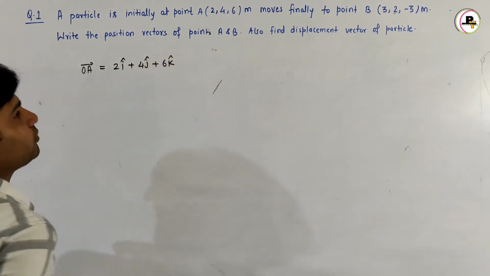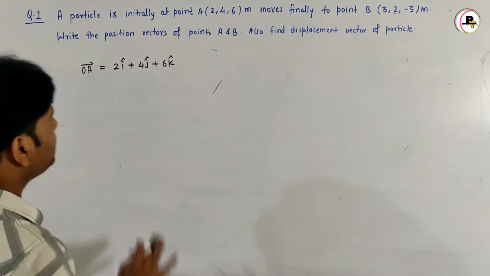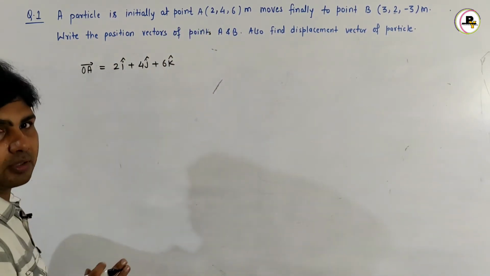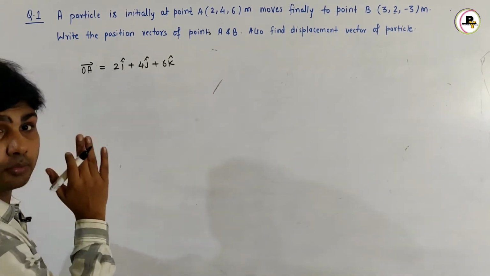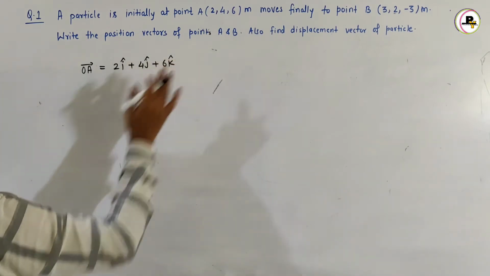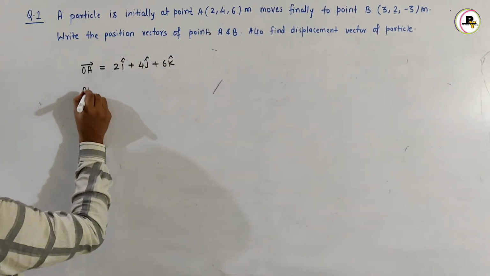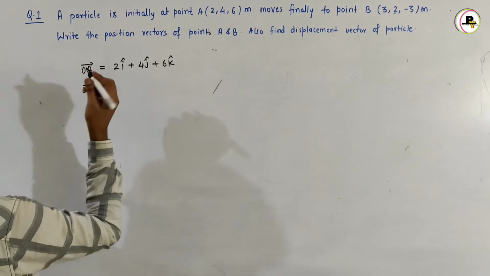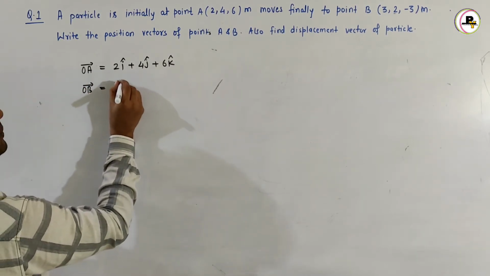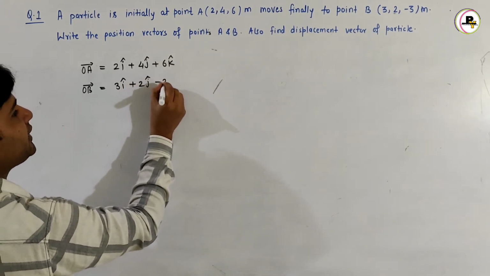This is the position vector of point A. Here we have been given only coordinates, so to solve this problem, first of all, we need to find the position vectors in terms of i cap, j cap and k cap. Similarly, I can write the position vector of point B as OB vector equals 3i cap plus 2j cap minus 3k cap.